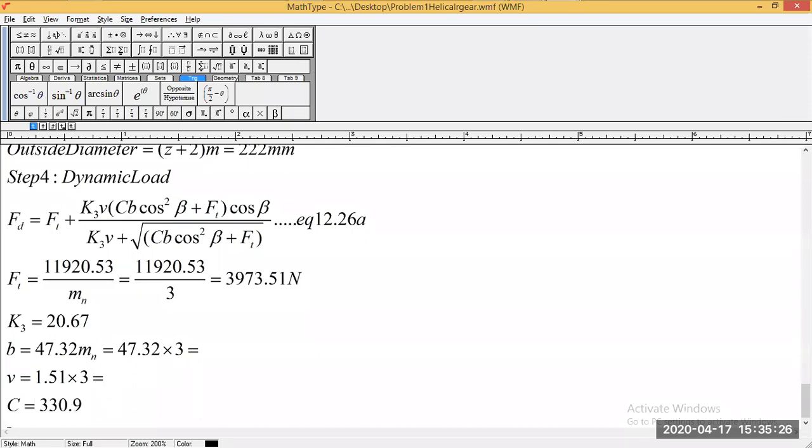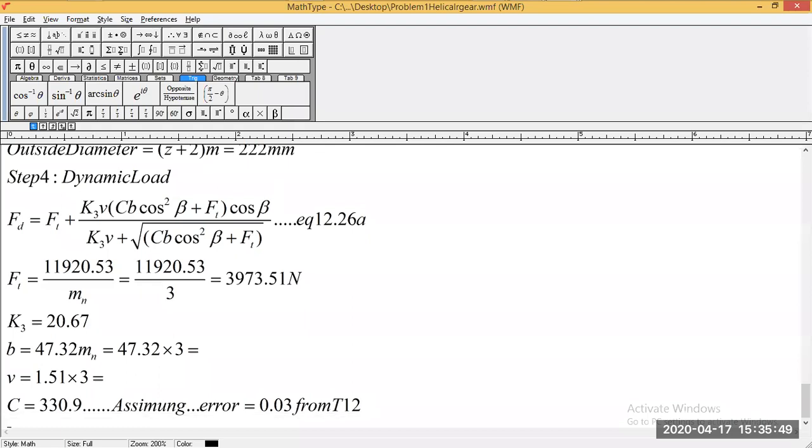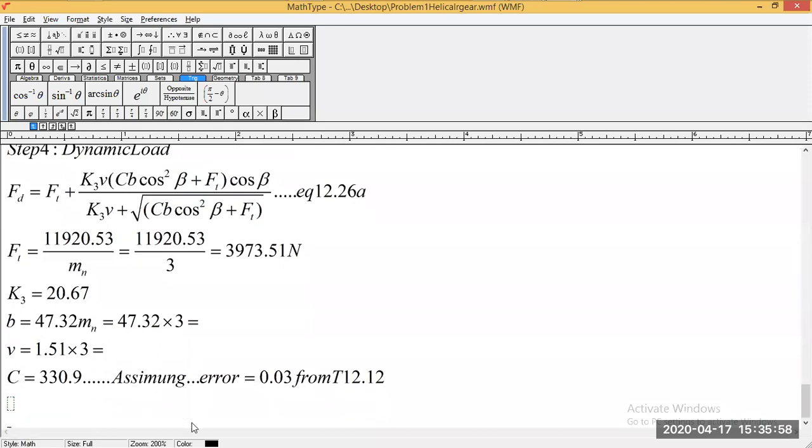You just say here, assuming error equals 0.03 from table. This is 12.12. So in case of helical gears, you can assume and just write the value of C.